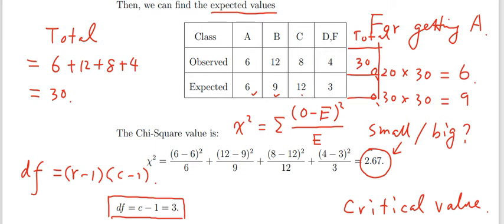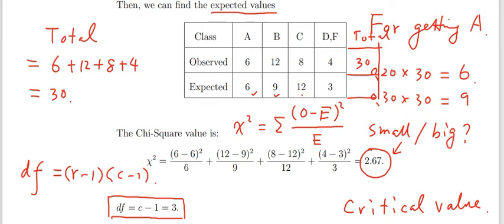If we have the numbers for A, B, C, then the number of grade D or F is determined, right? So only 3 numbers can change. You can put any 3 numbers for A, B, C, or A, B, D, then the remaining one is fixed. So only 3 can change freely, so the degree of freedom is 3.